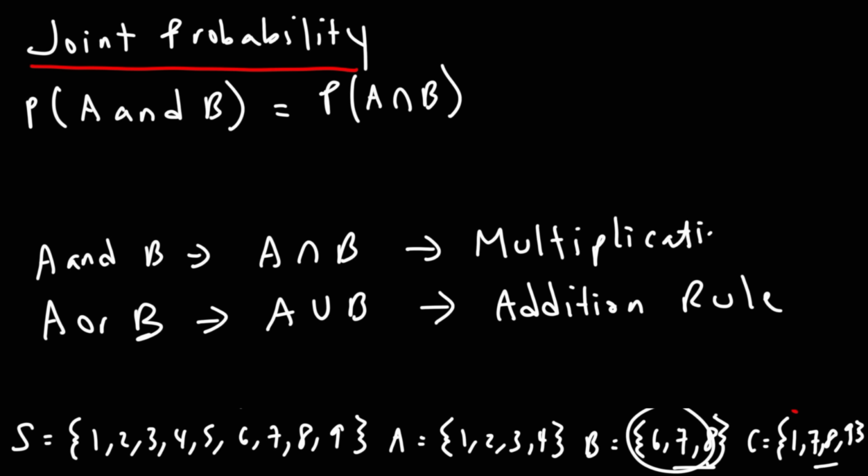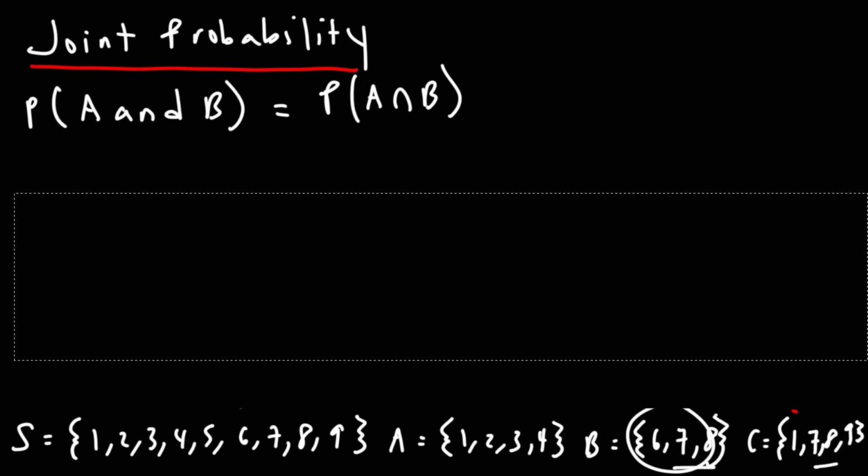So remember, when we wanted to calculate the probability that event A or B will occur, we had to add P(A) and P(B) and subtract P(A and B), which is the joint probability. When you want to calculate the joint probability, you need to use multiplication.